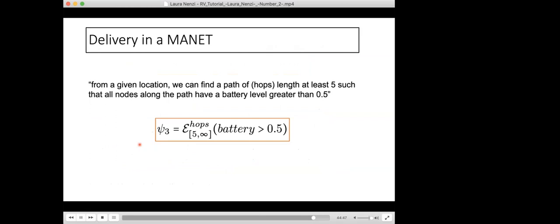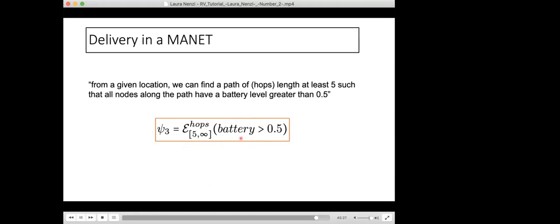Another property that one could be interested in monitoring is the ability of the system to forward a message at a given distance. The ability of a component to forward a message is related, for example, to its battery level. And so one possibility is to consider this property: from a given location, we can find a path of hops length at least 5, such that all nodes along the path have a battery level greater than 0.5.